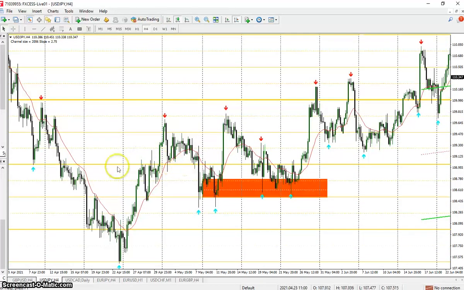This one too is a level. You see, this is the 9000 level. Price came to the level, rejected, broke the level, came back to the level and pushed back up. So this is a swap. This is support and resistance level plus swap. From this level to that level.